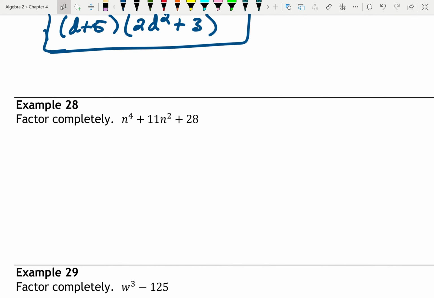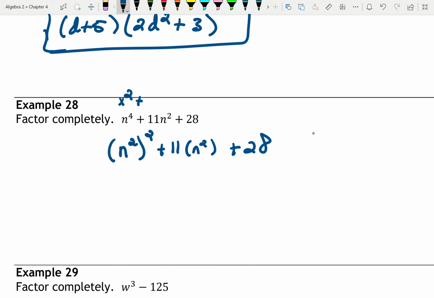28. We're supposed to factor completely. Now this one is in what's called quadratic form, because we could write this as n squared squared plus 11 n squared plus 28. So we factor it as if it said something like x squared plus 11x plus 28.